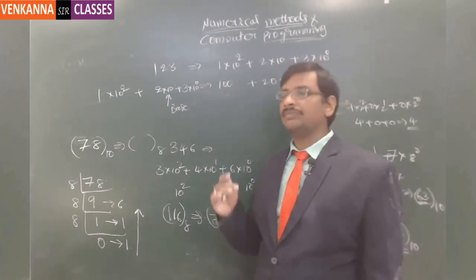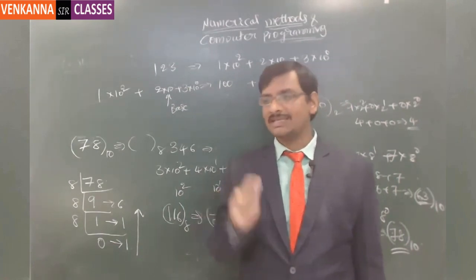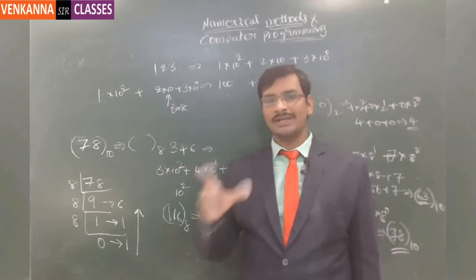Now in the hexadecimal number system you make use of 16 symbols, but in the decimal number system we have only 10 symbols.